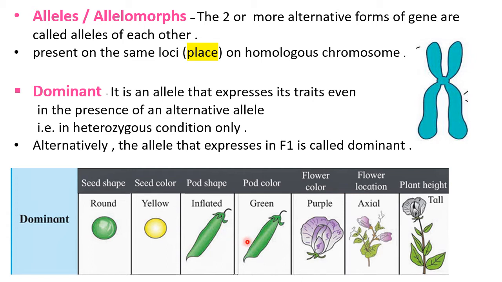Then the green color of the pod is a dominant trait found in pea plant. The color of flower, purple, is a dominant trait in pea plant. Then the flower position, axial flower, is a dominant trait found in pea plant. And the last one is plant height. The tall pea plant is a dominant trait found in pea plant.